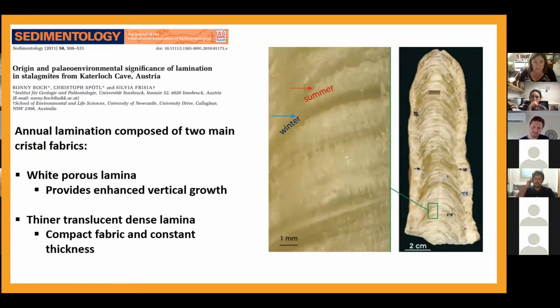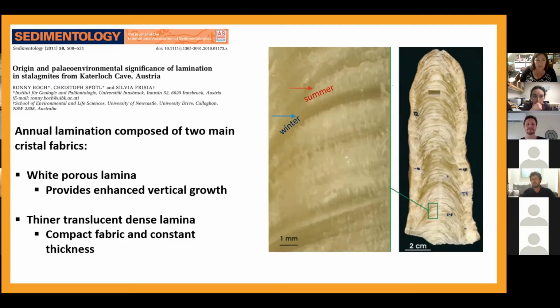And we can see the whole effect of the degassing also in speleothems. This is one of my favorite studies about variations of PCP and KpCO2 driving variations in calcite precipitation in speleothems. This is from Ronny Boch, from Katerloch Cave in Austria.